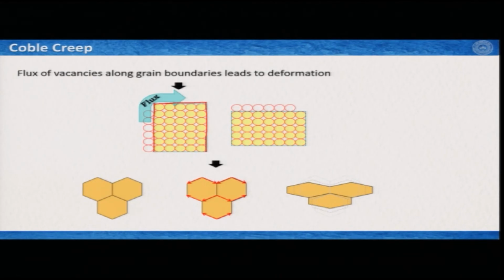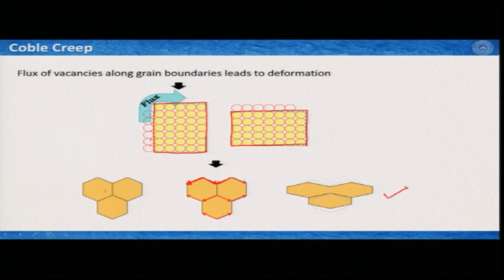Again, this is the size of the grain, you can think of it with the yellow atoms inside and the vacancies outside, and this grain takes the shape of this in a very similar way. Here, instead of moving through the inside of the grain, the movements happen along the grain boundaries.